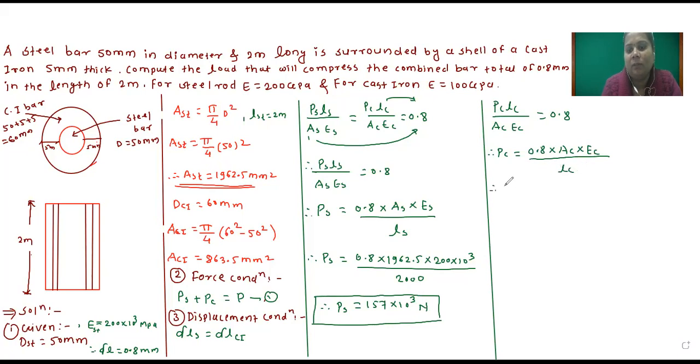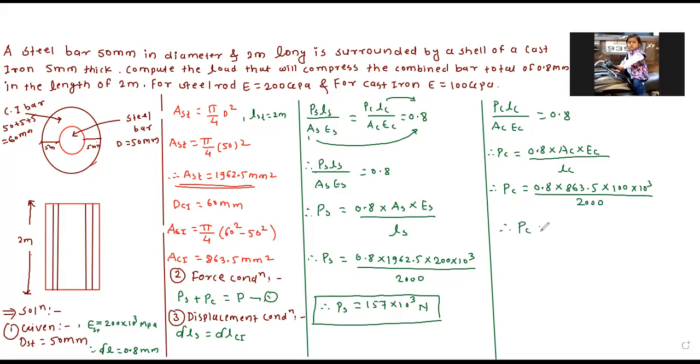Okay, therefore load taken by cast iron rod is equal to 0.8 into area of cast iron rod, which is 863.5, into Young's modulus of cast iron rod, which is 100 GPa. So 100 into 10 raised to 3, divided by length. Okay, the length of these two rods is same, so length is equal to 2000 mm.